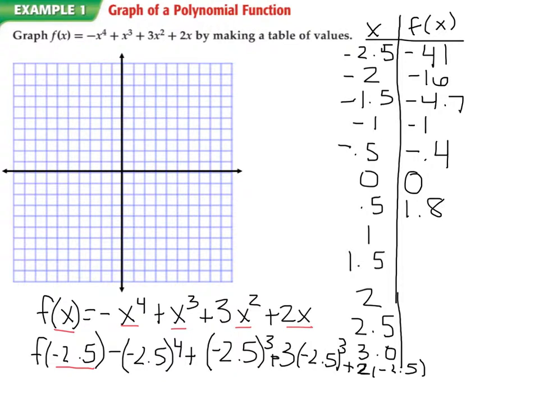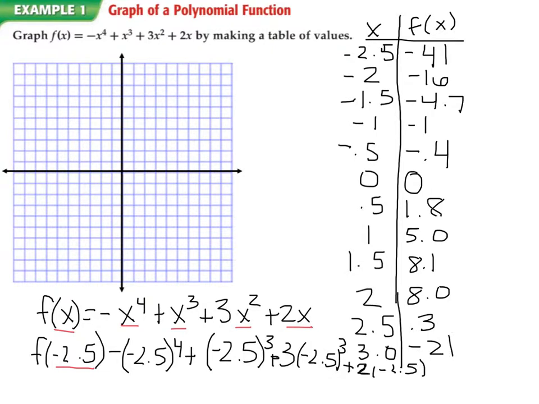At 1, sorry about that, at 1 we're going to get 5.0. At 1.5, we get 8.1. At 2, we get 8.0. At 2.5, we get 0.3. And at 3.0, we get negative 21.